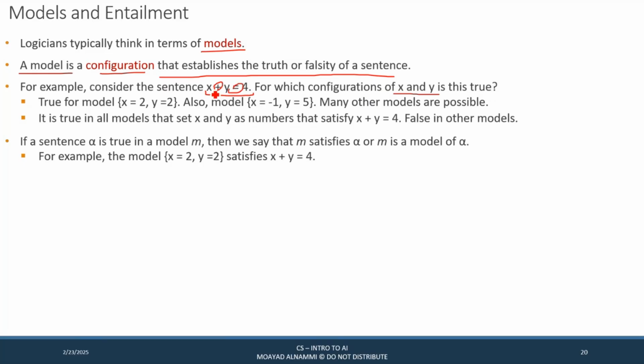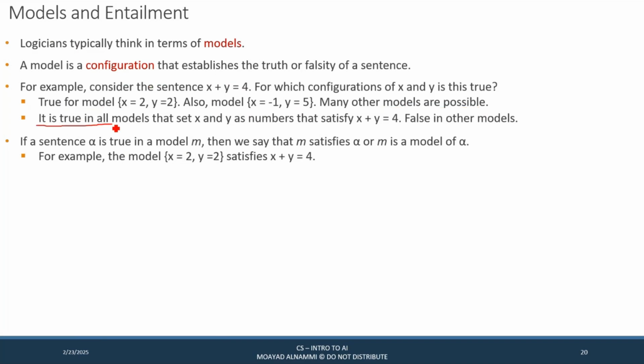In terms of arithmetic, this is true for the following model. If we set x equals 2 and y equals 2, this makes the sentence true, right? Because 2 plus 2 equals 4. Another model for which it is true is if we set x equals minus 1 and y equals 5. There are many other possible models, but a model is a configuration.